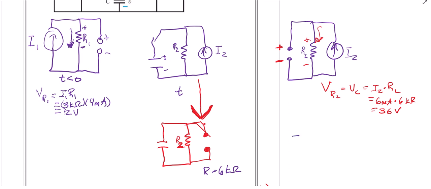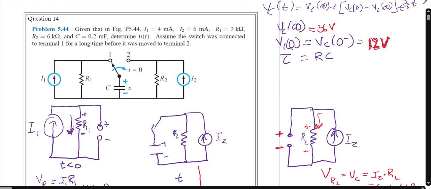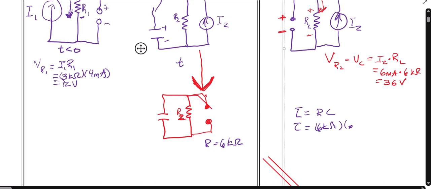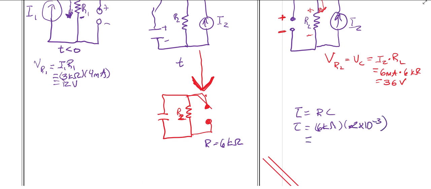Okay, now for an RC circuit, tau equals RC. So tau equals 6 kiloohms times C, which is 0.2 millifarads, which is 1.2 seconds. Time constant is in seconds. And then I just like to go ahead and get its reciprocal, because then I have it ready to plug in, which is 0.833.